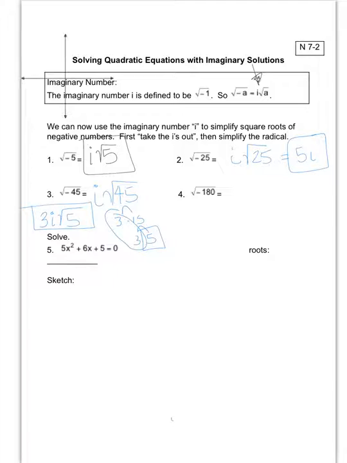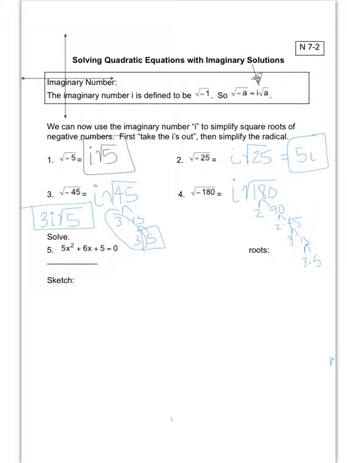Okay, so then 4, negative under the radical, make it an i on the outside, and now we have the square root of 180. So we'll use a factor tree. That would be 2 times 90, 2 times 45, 3 times 15, and 3 times 5.